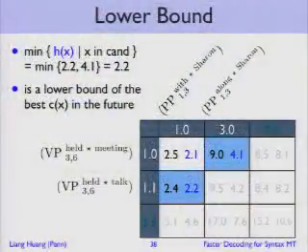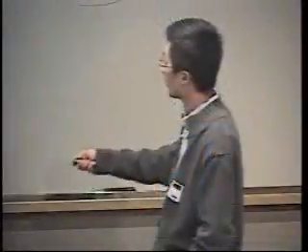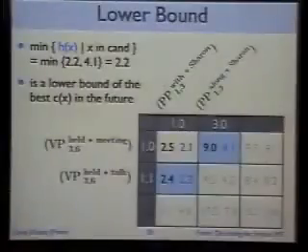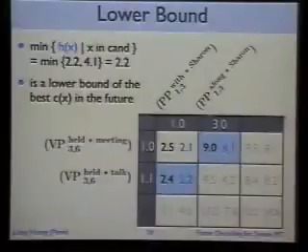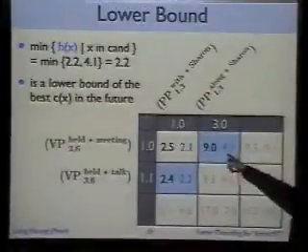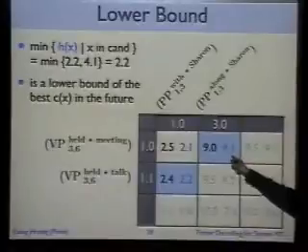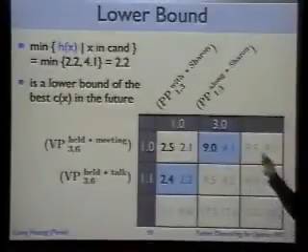So for example, at this stage, you have these two guys in the candidates. And this 4.1 says stuff in this region might be as good as 4.1, but not anything better than 4.1, right? Because of the monotonicity.